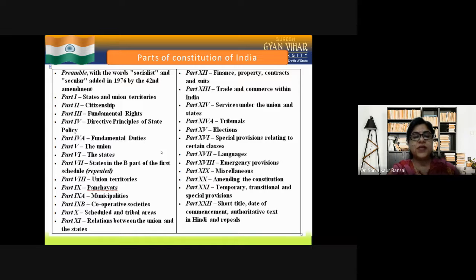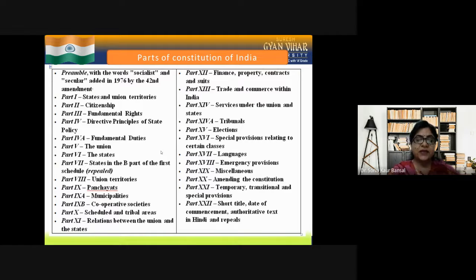Part 7, States in the B part of the first schedule, which is repealed. Part 8 is about Union Territories. Part 9 is related to Panchayats. Part 9A is related to municipalities. Part 9B is about cooperative societies. Part 10 is about scheduled and tribal areas.